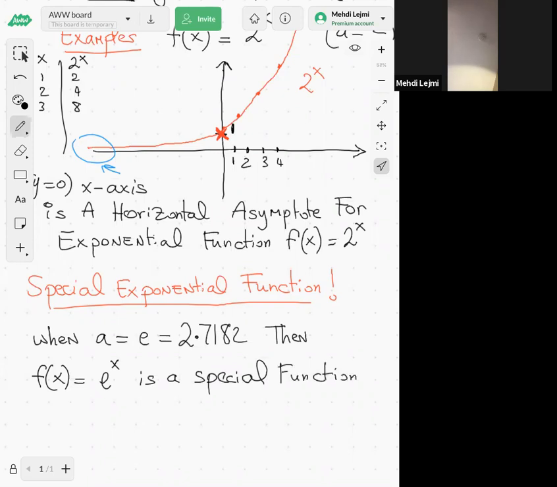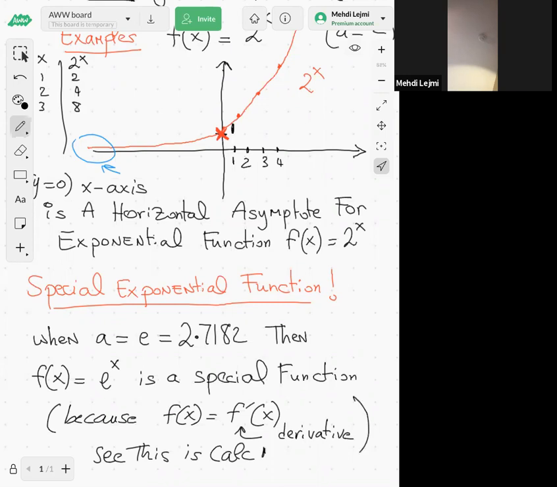It's a special function because, as you see in Calc 1, f of x would be equal to its derivative. So the function f would be equal to its own derivative. You'll see this in Calc 1.